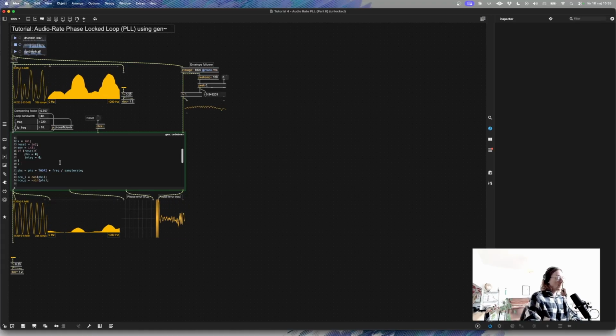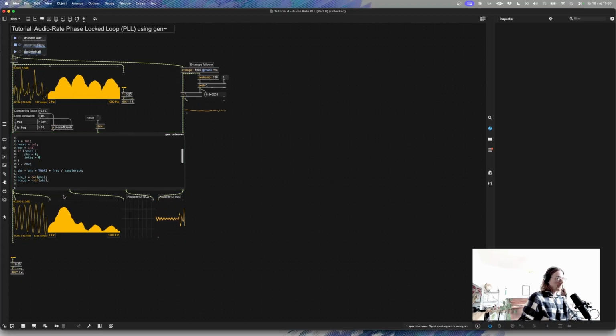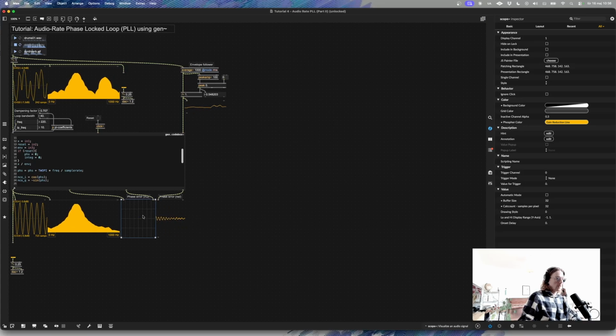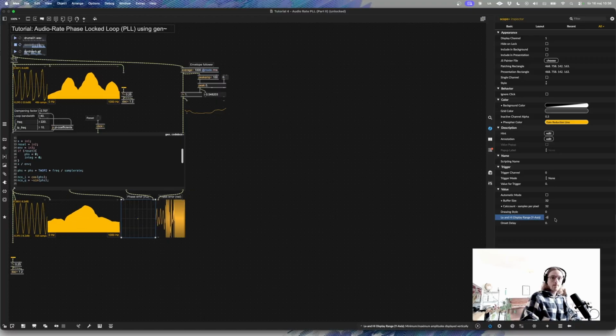So if you divide x by envelope, and what we can note generally, if you look at this phase error, now signals are quite small. Maybe we can scale it down to minus 0.5 to 0.5.